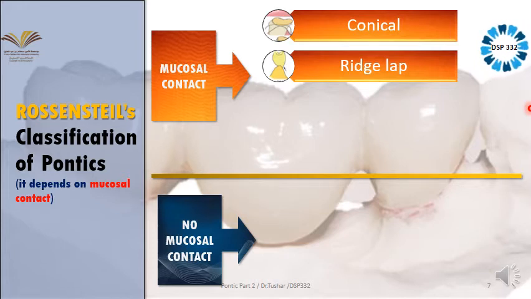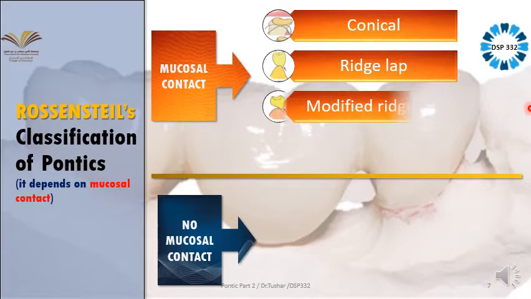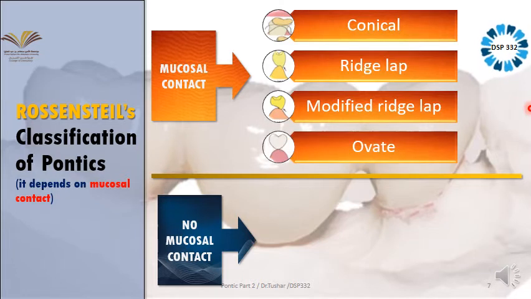So in mucosal contact, we have conical, ridge lap, then modified ridge lap, which is some modification of the ridge lap, and then we have the ovate pontic. Now, this conical pontic was not included in Tillman's classification, but Rosenstiel has classified it as a conical pontic.